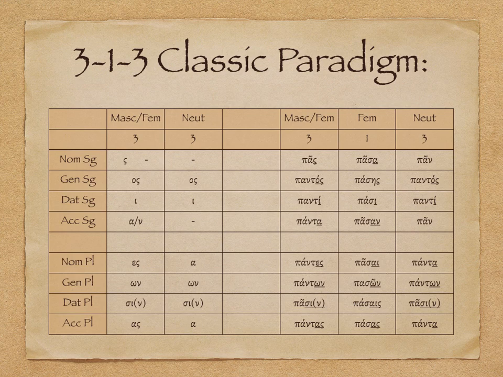Just as we know our noun rules, the nominative accusative singular, nominative accusative plural, see the similarity there? Also with the genitive and dative singular and genitive and dative plural, whatever happens in masculine happens also in neuter. So you have pontos and pontos. You see the dative singular, ponti and ponti. Genitive plural, pontone and pontone. Dative plural, possin and possin. Is this starting to come together a little bit?